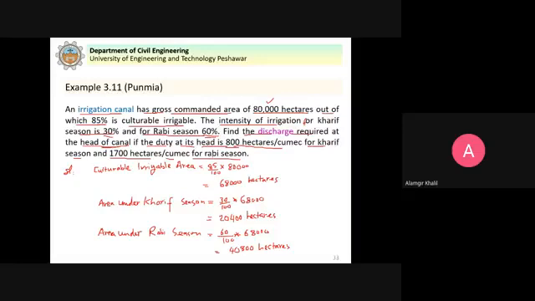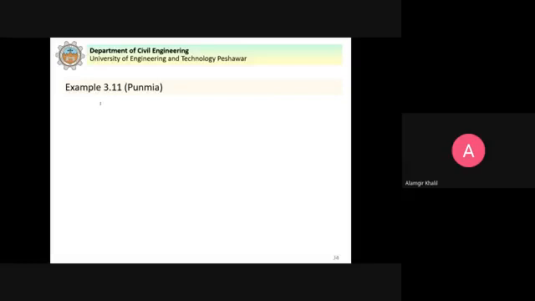So we want to calculate the water required at the head of canal for Kharif season.